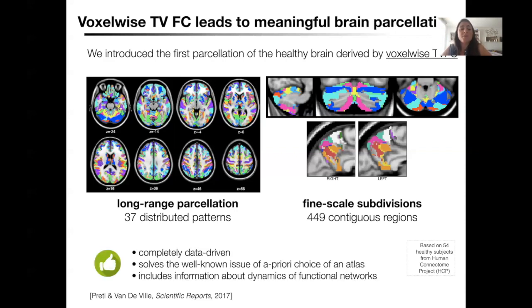And so we obtained a parcellation at two different resolutions, a long range and a finer scale, which might be more useful to analyze specific circuits in the brain. It has the advantage of being completely data-driven, driven by dynamics of functional networks, so including this information, and solving this well-known issue of a priori choice of the parcellation.